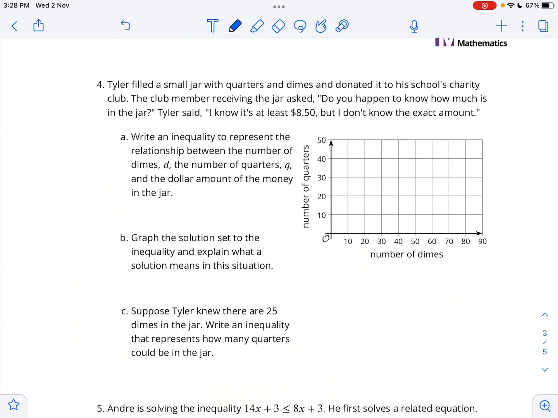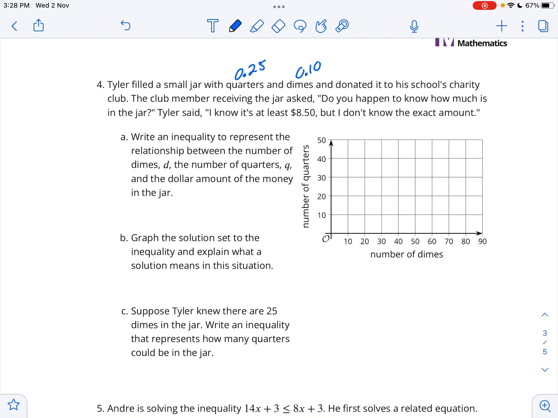Question 4. Tyler filled a small jar with quarters and dimes and donated it to his school's charity club. The club member who received the jar asked, "Do you happen to know how much is in the jar?" Tyler said, "I know it is at least $8.50, but I don't know the exact amount." As a little reminder for those of us that aren't Americans, quarters are 25 cents, which can be represented by 0.25, and dimes are 10 cents, which can be represented by 0.10.